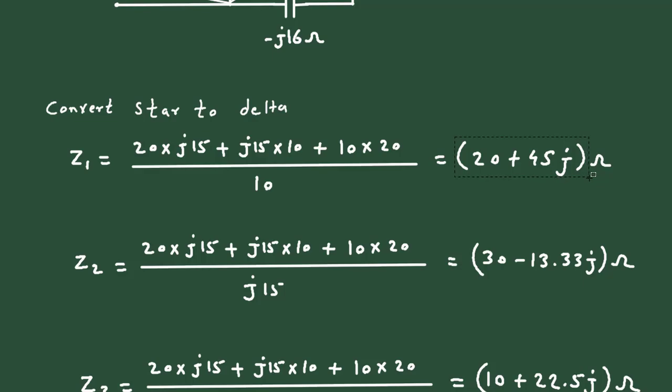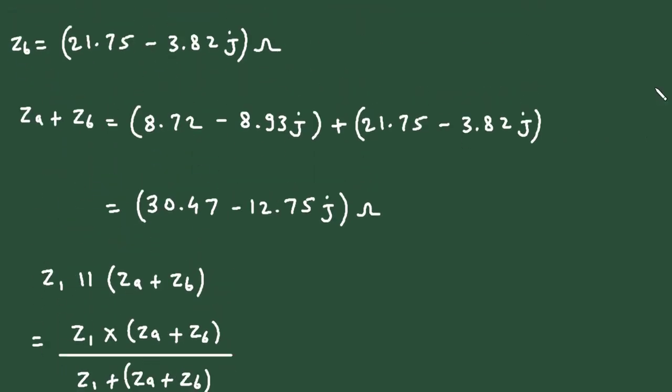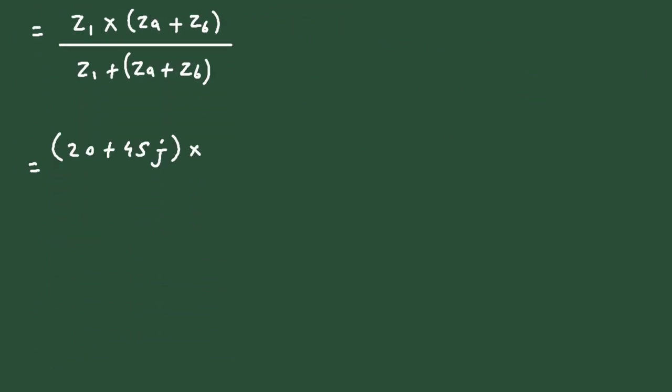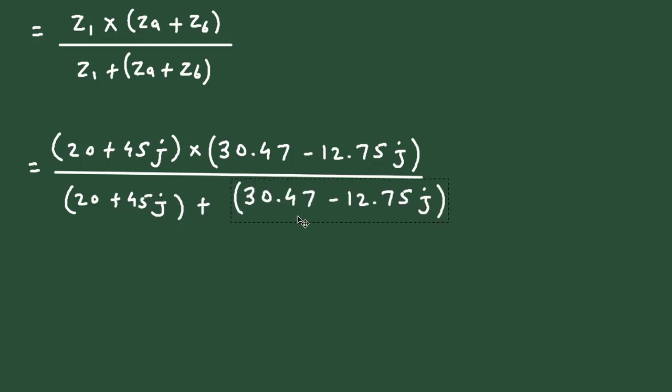Let's copy it from here. So this into ZA plus ZB. ZA plus ZB is this much. Let's copy it from here. Divided by Z1, again Z1 is 20 plus 45J, then plus this much.